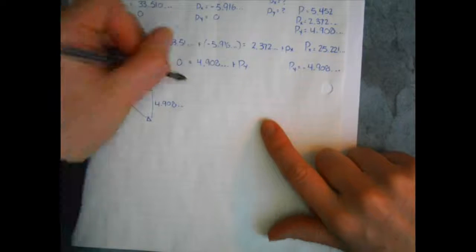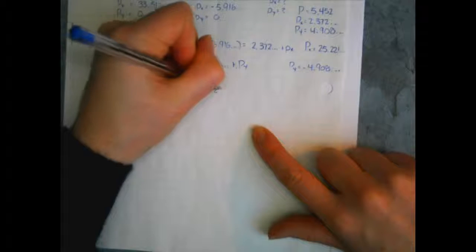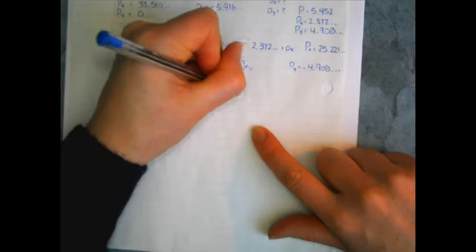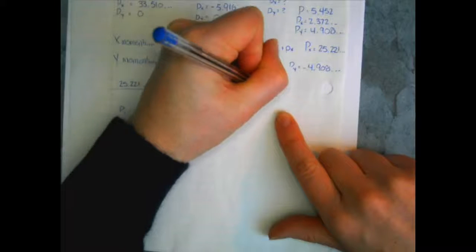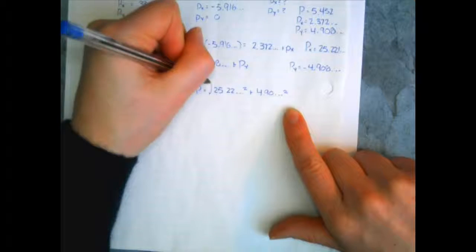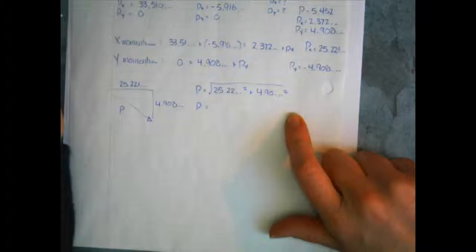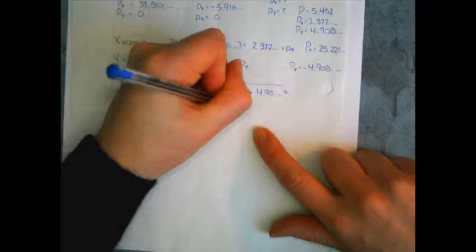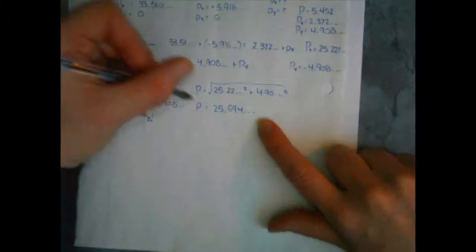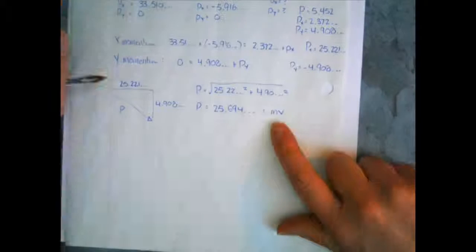Okay, so again, just using trig, p is equal to 25.22 squared plus 4.9 squared, and square root that, and that should leave you with p being equal to 25.694. Okay, and again, because this is our momentum, we can say it's equal to mass times velocity.